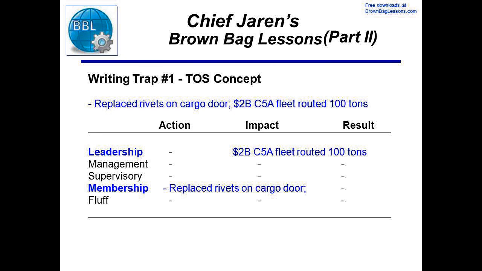The problem I have is I don't see the connection to someone working on rivets on one cargo aircraft and how that correlates to an entire fleet. In my mind, I strike out that result because it's not applicable, and in fact, to use the concept, I toss it out because it doesn't work for me. It's a bridge too far.